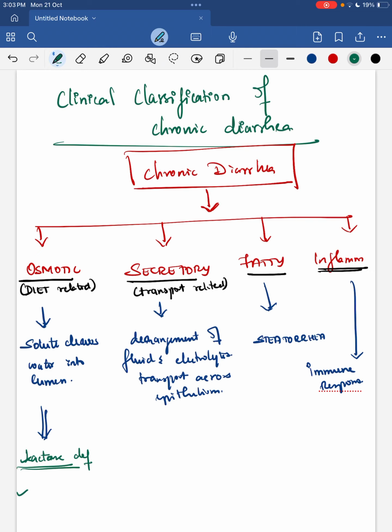laxatives. Okay, next, coming to secretory diarrhea, causes can be bowel resection, or a mucosal defect. Third, it can be due to a transport defect also. Coming to fatty diarrhea, it can be due to pancreatic insufficiency.